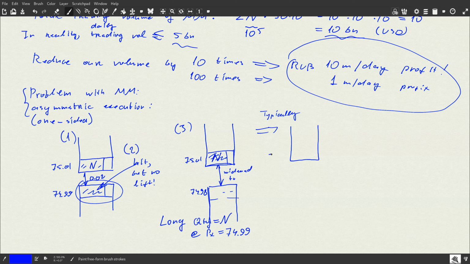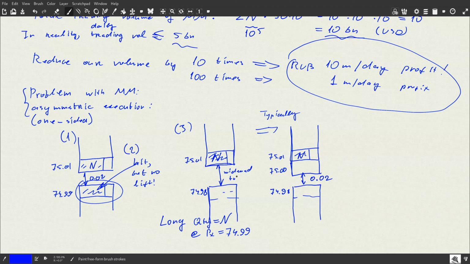So there was 75.01 with your order for the size N, and then someone puts another order, for example, at 75.00 on the ask side. These are still asks. And then there are bids starting from 74.98. The bid-ask spread is reduced again to the standard value of 0.02.